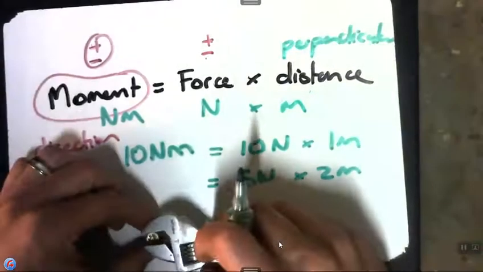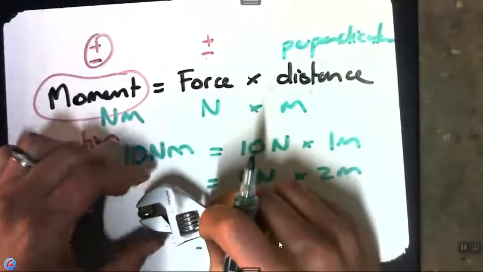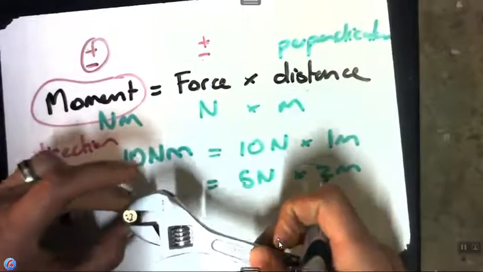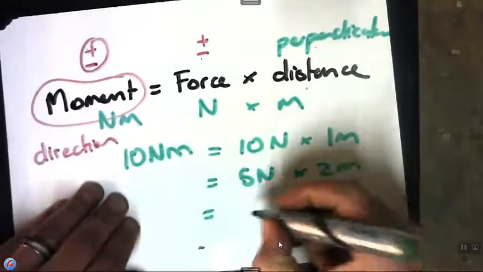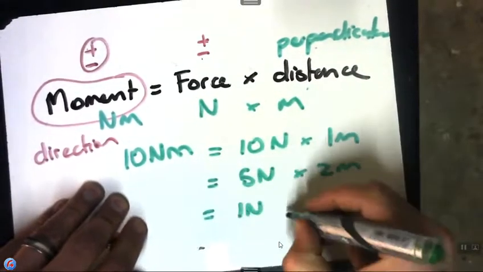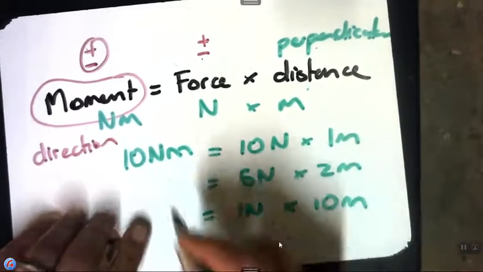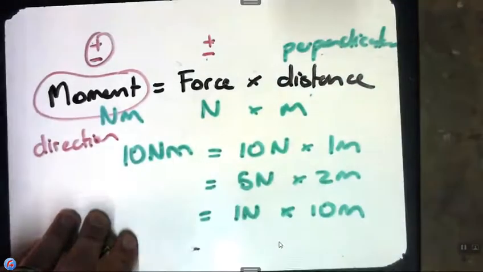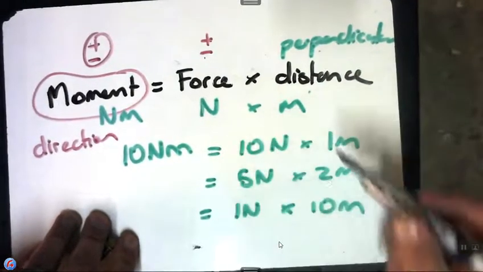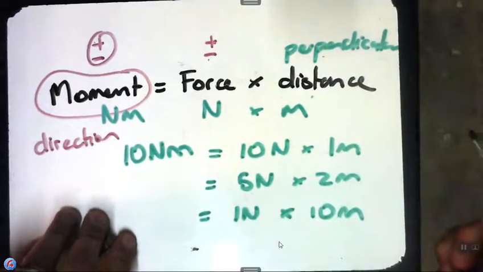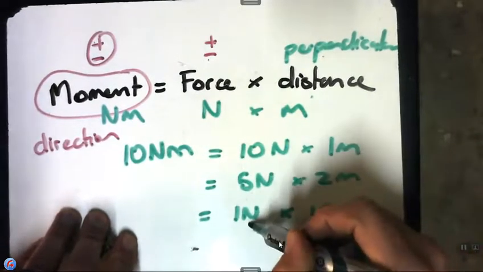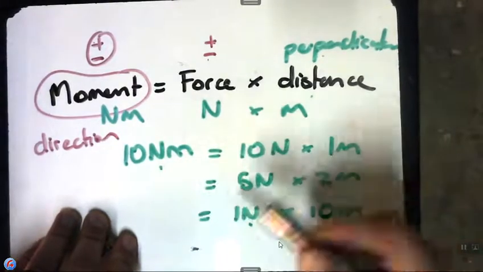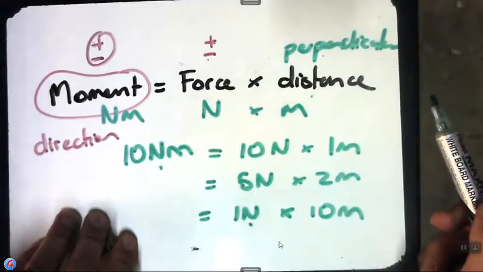So instead of holding it there, if I move it backwards, I can apply much less force but have the same loosening effect. Or I can even say 1 newton times 10 meters. And all of them will have the same turning effect, the same moment. And this gives us a mechanical advantage. By using less force, we can still do the same amount of work or move a certain object.